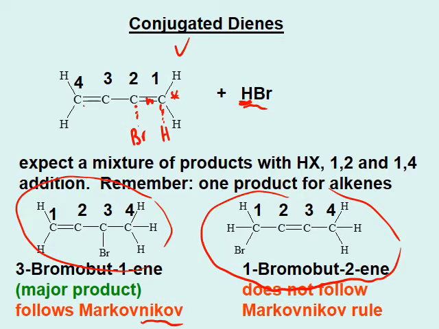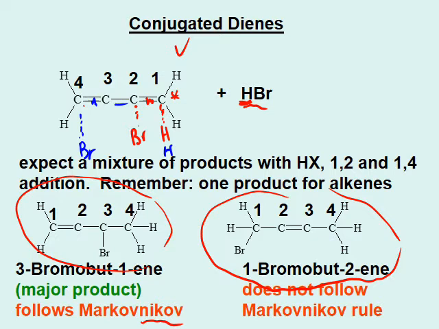If hydrogen goes to this end in blue, or carbon 1, then Br would go to the extreme end. So this would have Br, and the double bond would move from here to here.